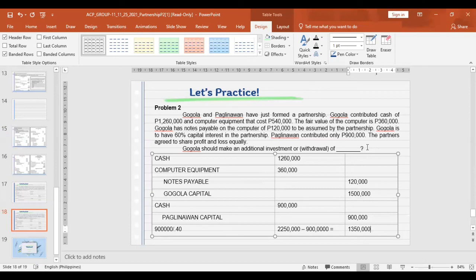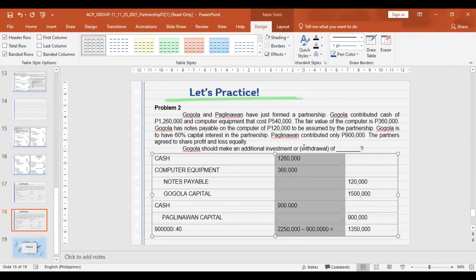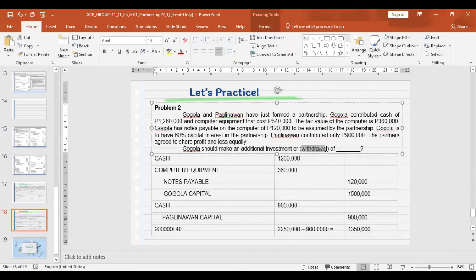So, meron siyang i-withdraw na 1,500 minus 1,350 equals 150K.